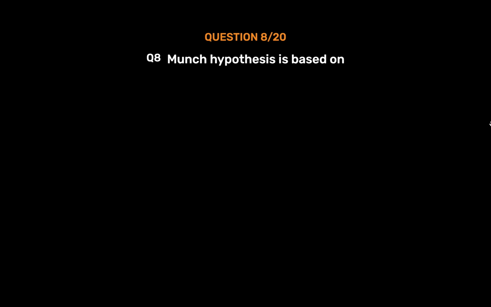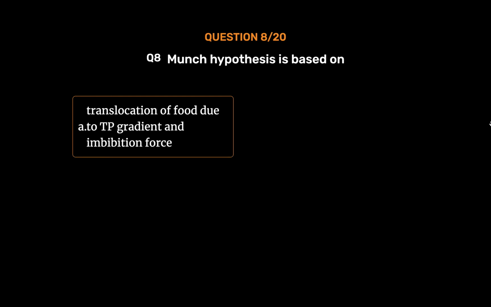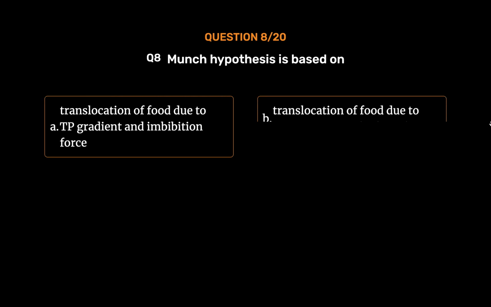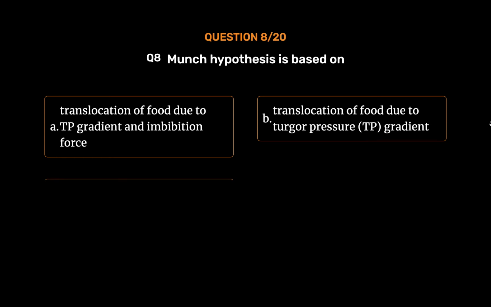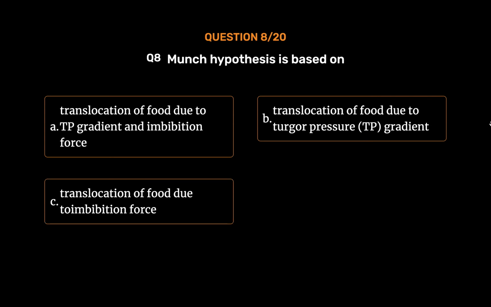Question number 8. Munch hypothesis is based on Option A, translocation of food due to TP gradient and imbibition force. Option B, translocation of food due to turgor pressure, TP, gradient. Option C, translocation of food due to imbibition force. Option D, none of the above.